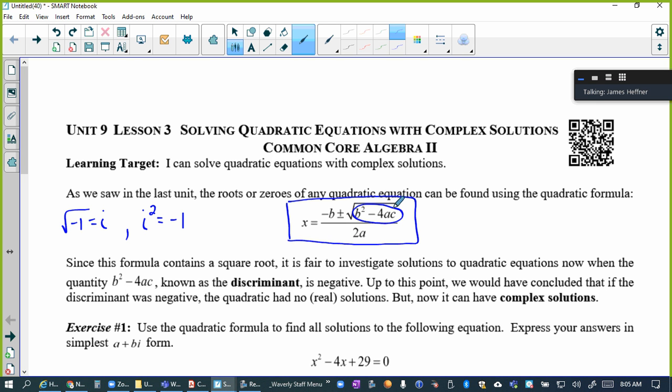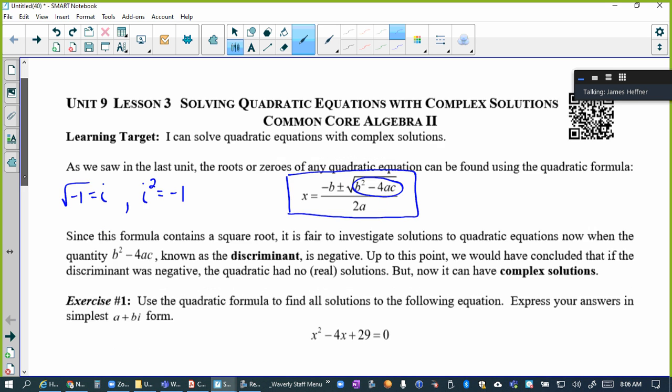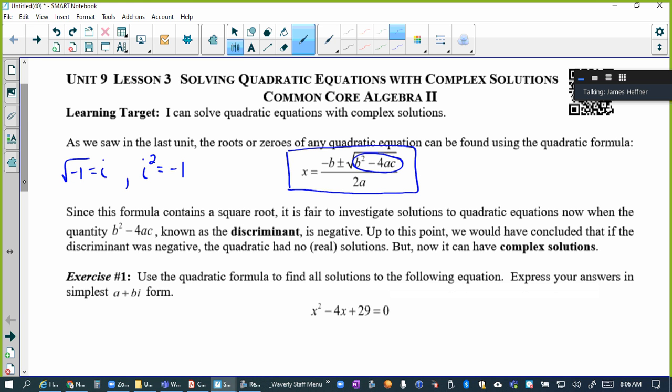It's under the square root. And that means it'll be undefined. So if the b squared minus 4ac, after you calculate it out, was negative, then you had no solutions to that equation. Until now, right? Now we can deal with a negative discriminant in there, okay?